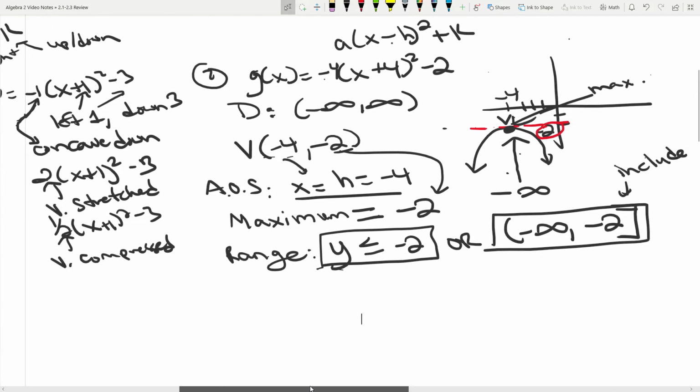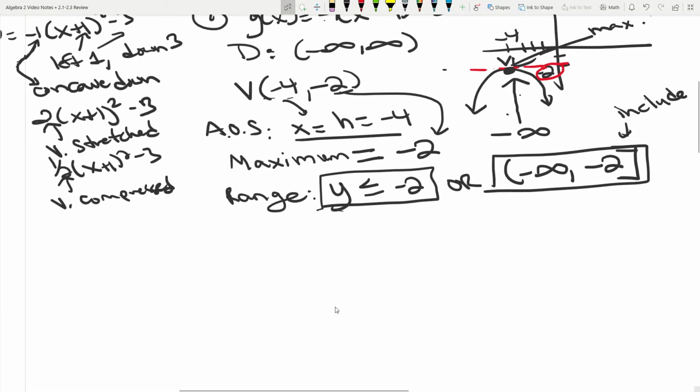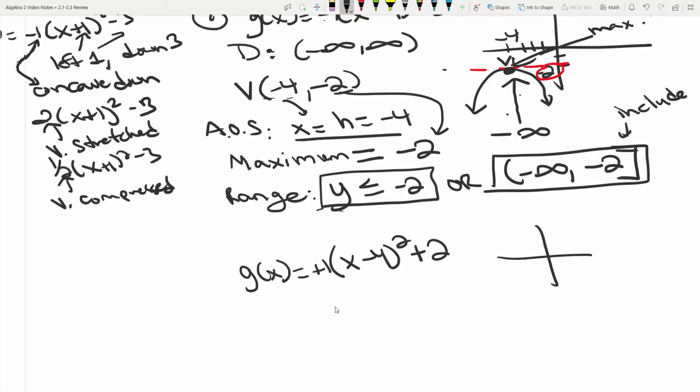Okay, so let's give you another example just to make sure that you're okay. Say, (x minus 4) squared plus 2, and it's positive here, so it's a +1, then we know it's going up, and it's going to the right. So it's going 1, 2, 3, 4, 1, 2, then it's going up like this.